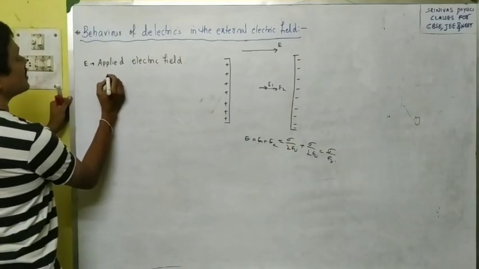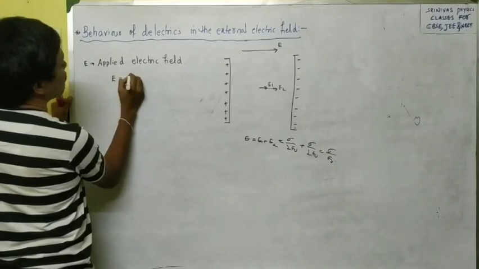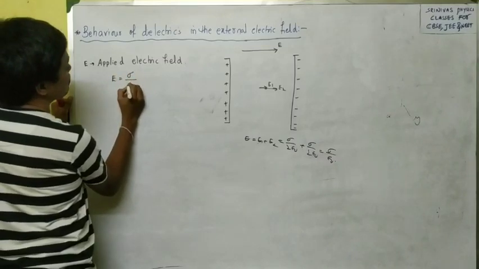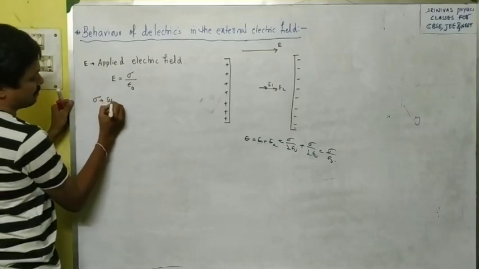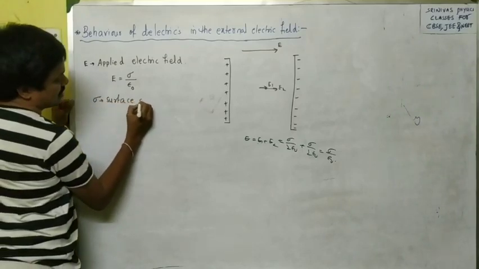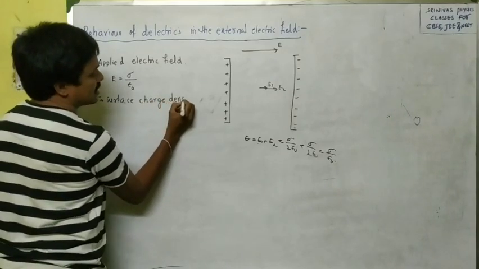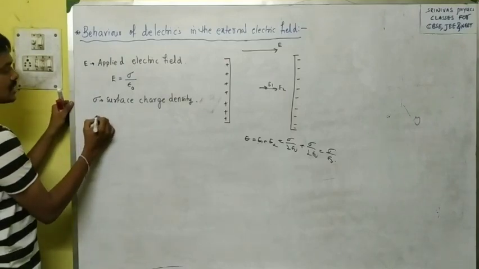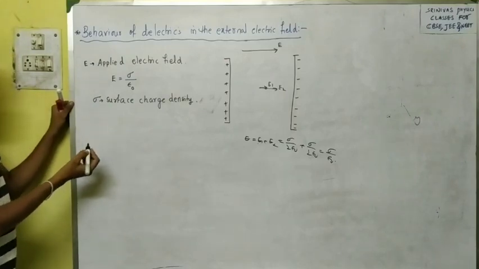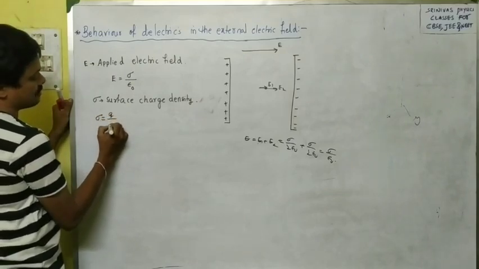The applied electric field is E equals sigma by epsilon naught, where sigma is the surface charge density, which we can also write as charge by surface area.